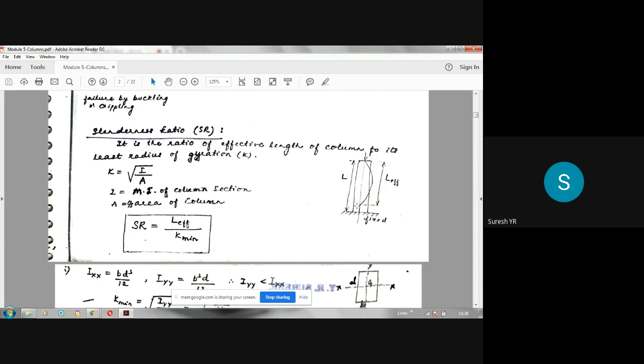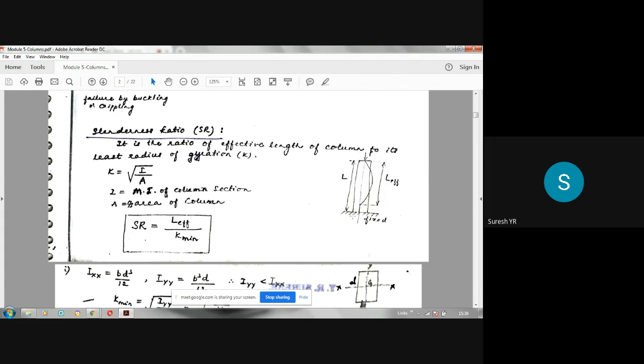Here I have taken one end fixed. Sometimes both ends may be fixed. Sometimes one end may be fixed and the other hinged. Sometimes both ends may be hinged. So there are 4 cases here, and all the 4 cases we are going to discuss in detail later. There are 4 types of boundary conditions. In this case, I have shown fixed and free, one condition.